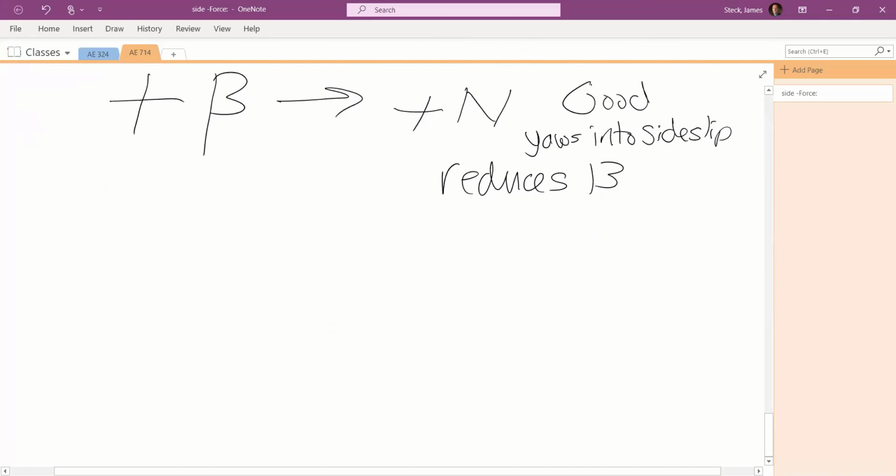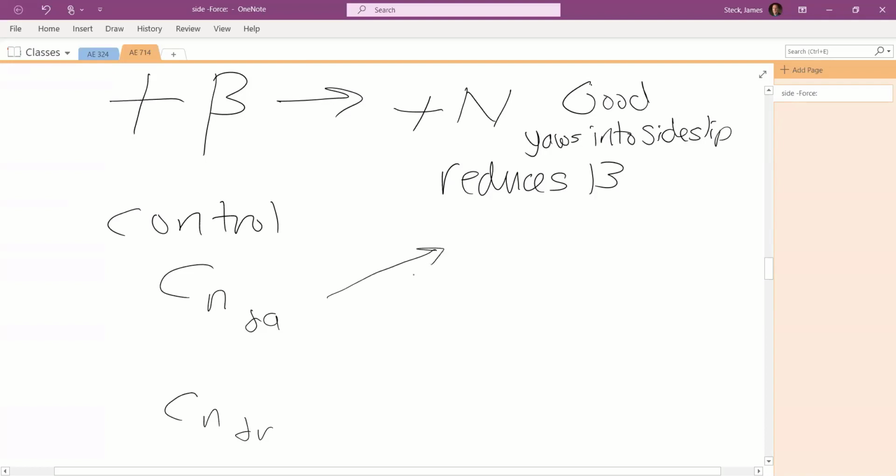All right, so the next thing we're going to look at, we got the control derivatives. We have Cn delta A and Cn delta R. And we're going to look at an aileron effect.